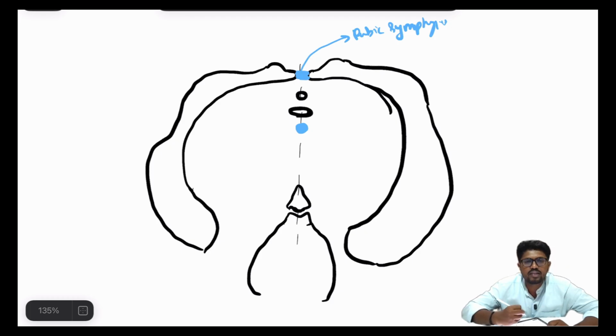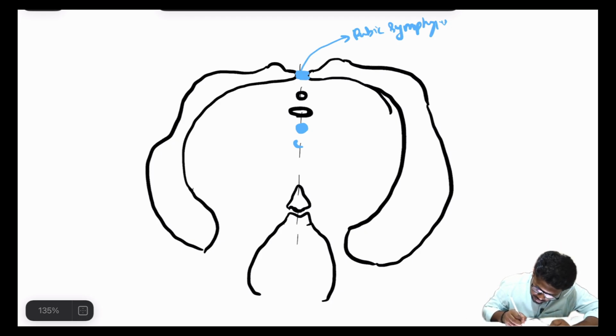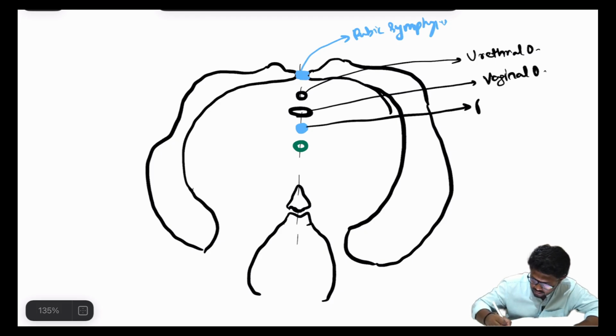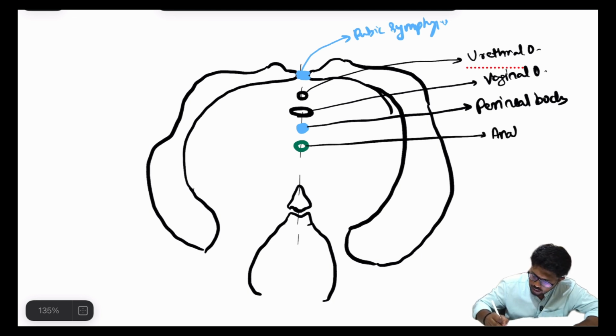Now behind this perineal body, there will be the opening of the anal canal. So this is urethral orifice, this is vaginal orifice, this is perineal body, and this is anal orifice.